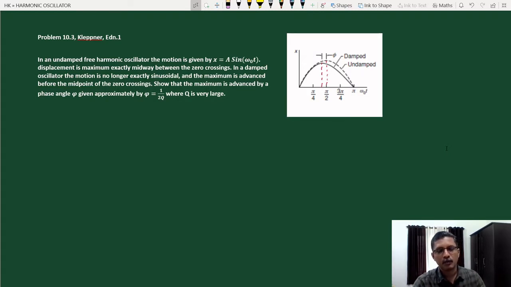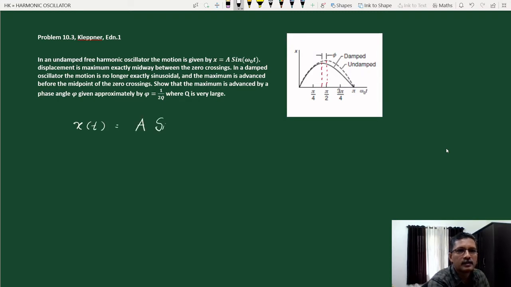So in this particular problem, a sine function is chosen for an undamped harmonic oscillator. The displacement at any time t is given by a sine omega 0 t. So let us say displacement at any time t is, amplitude is a, sine, angular frequency is omega 0 t.